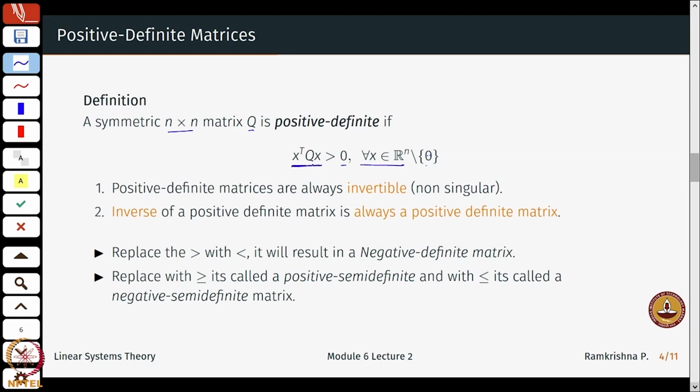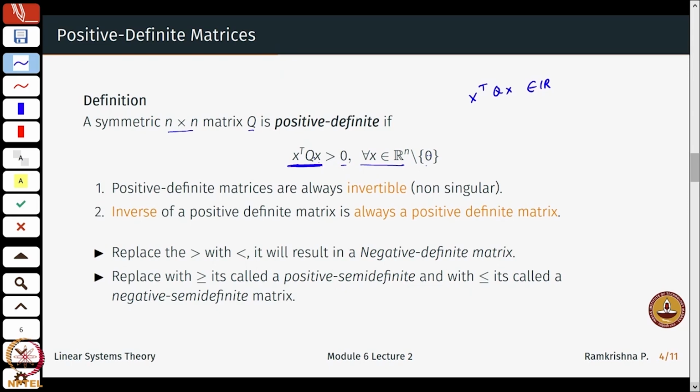If I go by the definition, I may have to check all possible vectors in R^n and verify that x transpose Q x is greater than 0. This x transpose Q x will be in R, which can be observed quite easily. But I would not want to do this for all x and take forever to check whether even a 2 cross 2 matrix is positive definite or not.